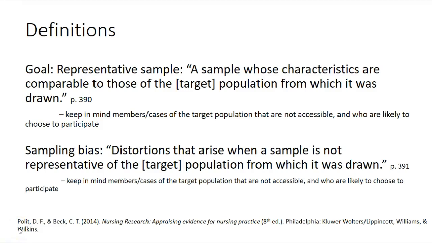So as you consider how members of your target population who aren't accessible, and those who are likely to choose to participate, influence how representative your sample is and those potential distortions that can arise, it's helpful to think about solutions to that problem up front.